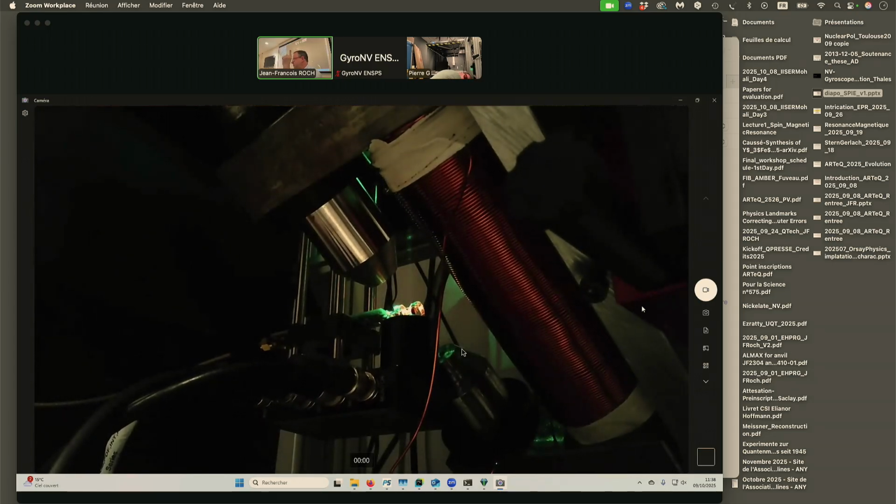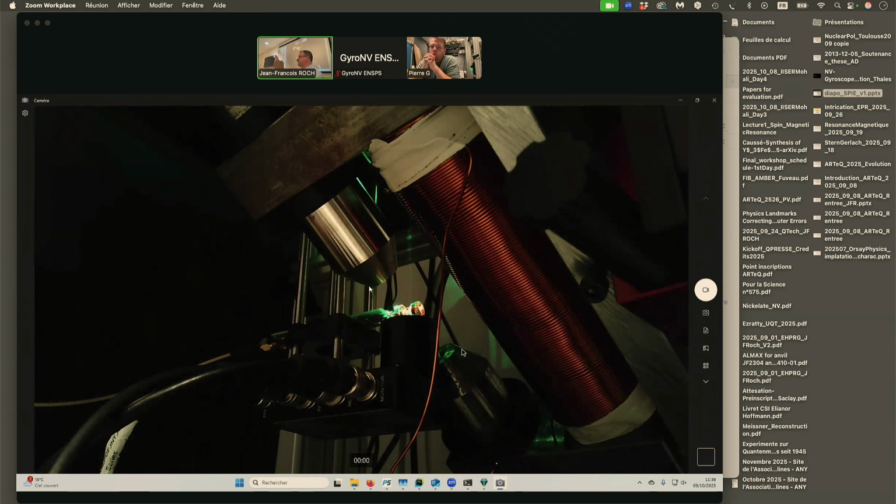We work with a 100 sample, so we have 4 families of NVs, and that's why you have it on this axis, because the magnetic field is aligned along one of those families, which are distributed with different angles. In that case, it's about 37 degrees compared to the axis of the sample. Exactly. So this I will show you with the ODMR later.